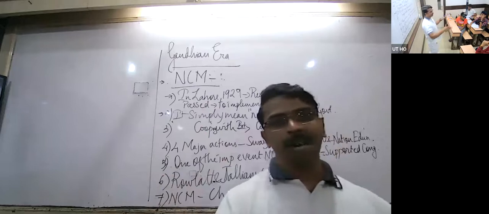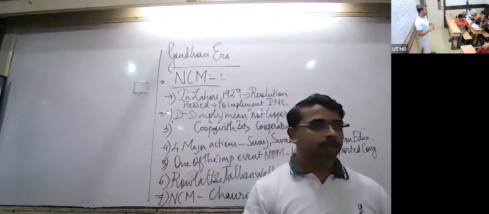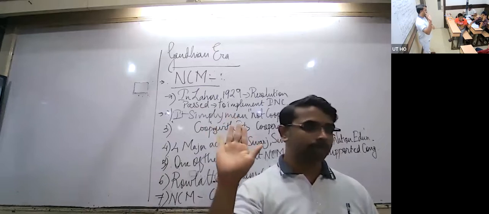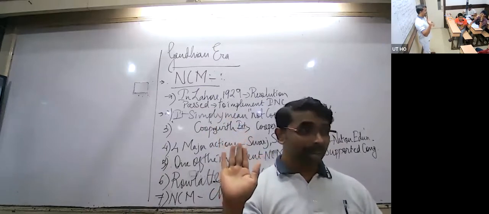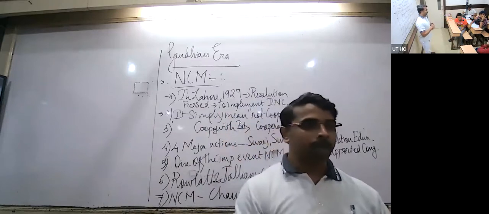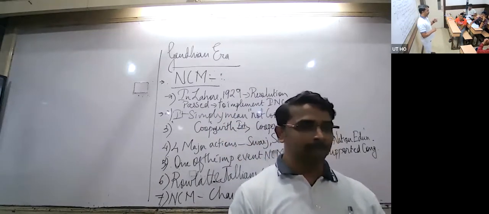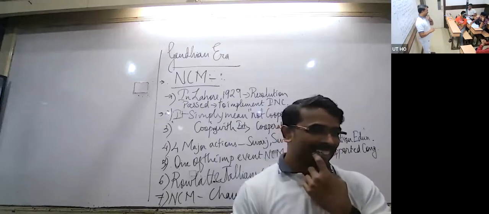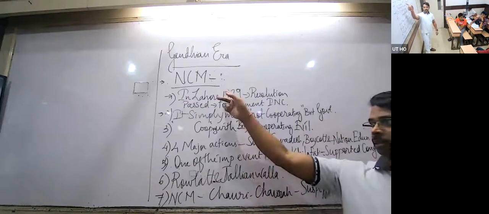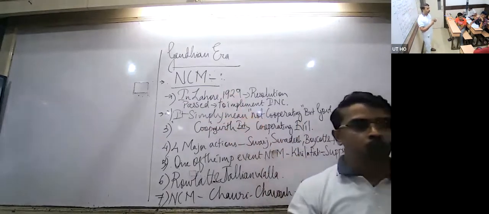In fact, today in our class also, I can take a small vote whether I should teach or not to teach. 99.9% not to teach. कभी-कभी ये लड़का सच में भी झूठ बोलता है. It's so simple to tell you that he has launched this, and after that he said not to cooperate.